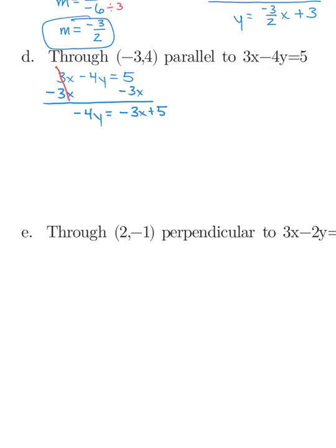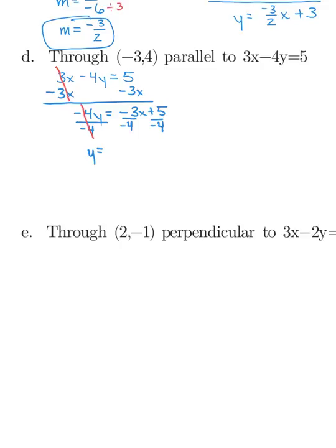The next thing I need to do in order to solve for y is to get rid of the negative 4. Since this is negative 4 times y, in order to get rid of multiplying by negative 4, I want to divide by negative 4. And remember that when we do this, we want to divide every term by negative 4. So on the left, my negative 4's cancel, and I am left with y.